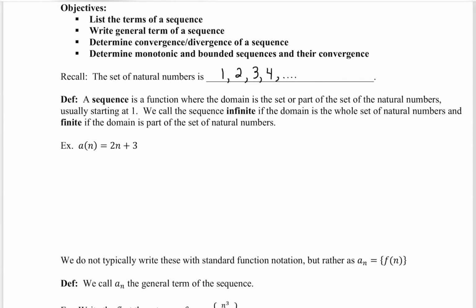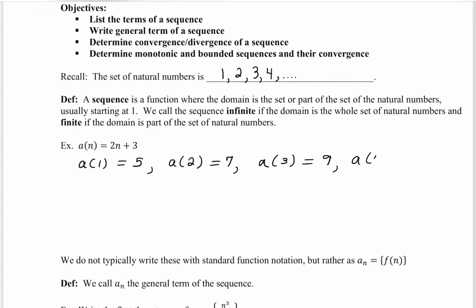For example, suppose we wrote a function, a of n equals 2n plus 3. If I investigate this a little, I could evaluate my sequence, subbing in 1, so 2 plus 3 would be 5. Then a of 2, so 4 plus 3 would be 7. Then a of 3, so 6 plus 3, which would be 9, and so on.